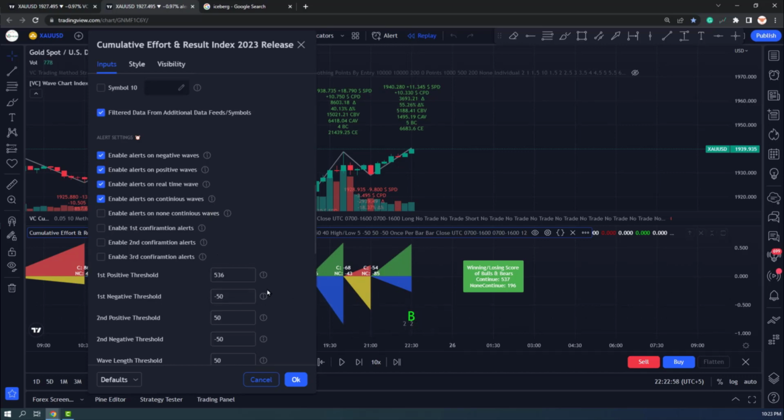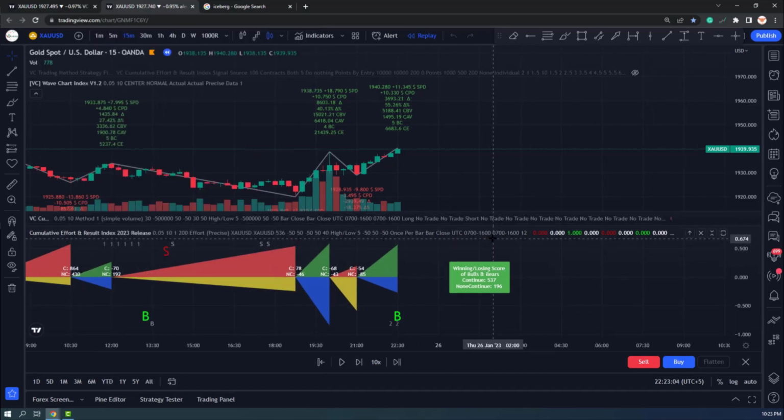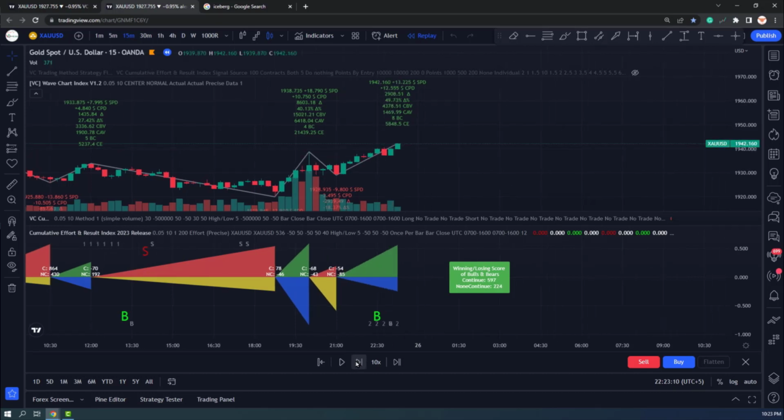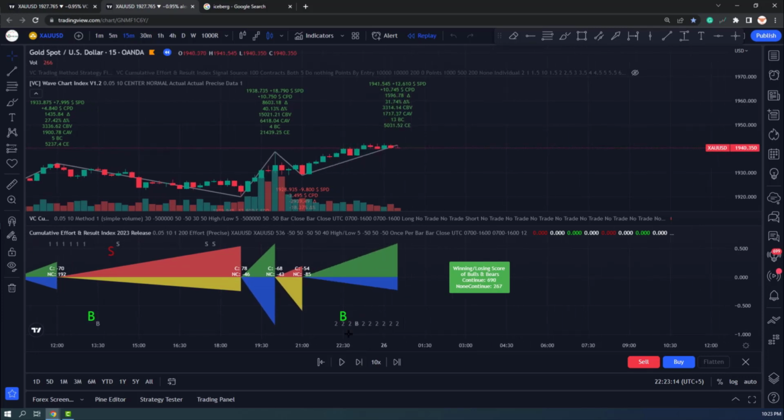So similarly, if we just continue with bar replay, you can see here the price is moving toward our direction. But based on this alert, because we have set this alert on the real-time wave.